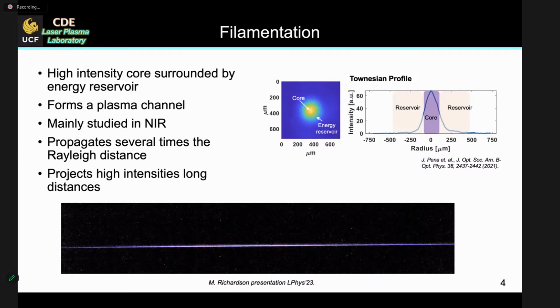Of course, we work with laser systems that can produce many filaments at a time, or, as I'll show in a moment, filaments that can be stitched in time. And we have characterized in some detail the formation of the filament itself. You see here a very nice picture of a single filament comprising the core and surrounded by a reservoir, this reservoir being nicely defined by the Townes profile that is concurrent with the self-focusing regime that we're working in.